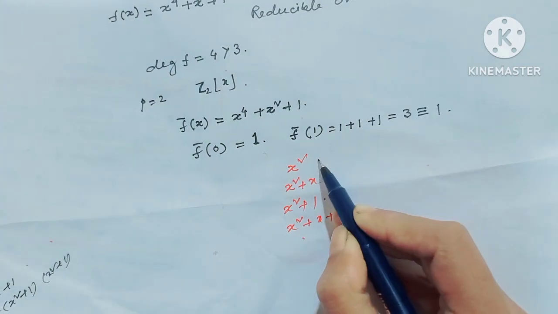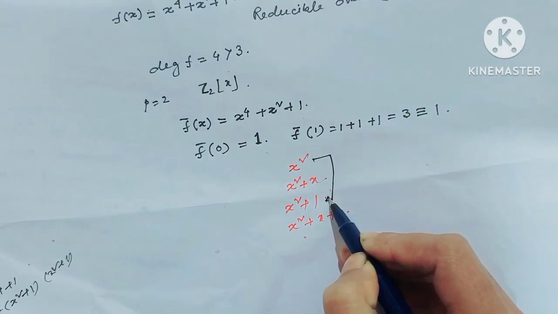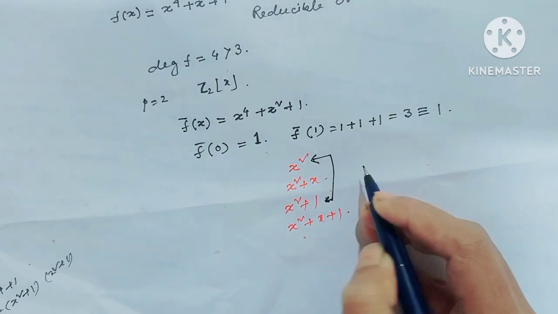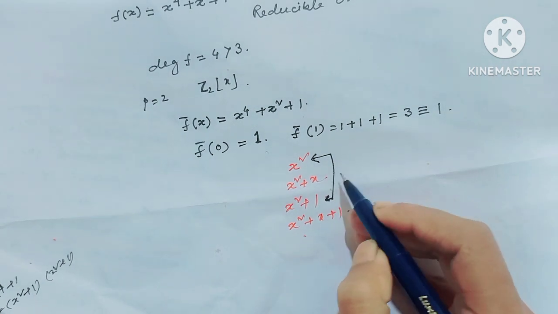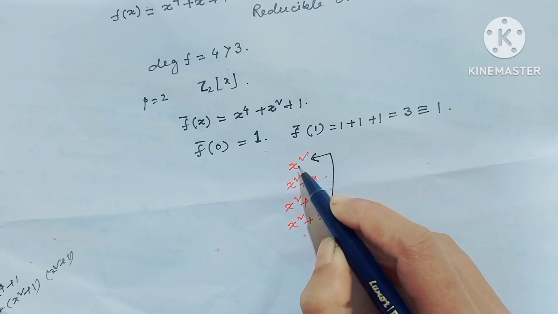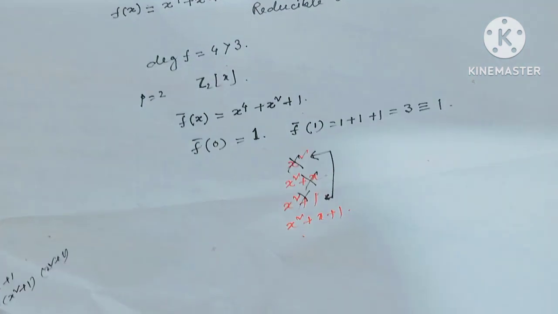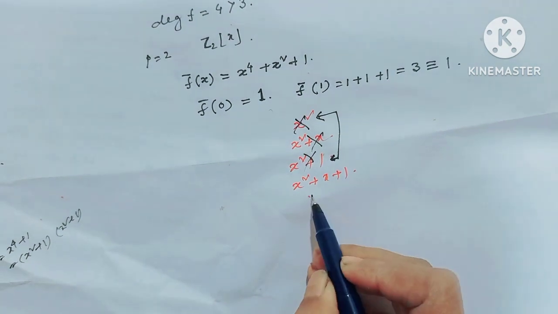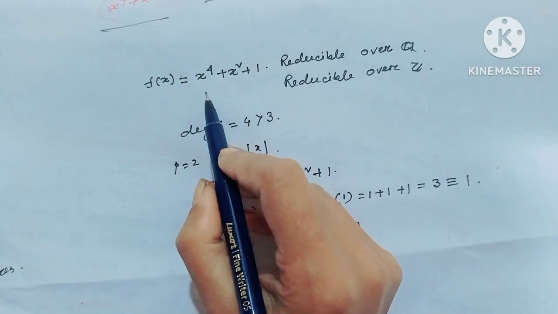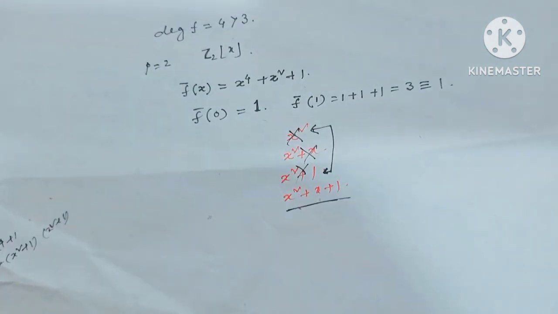But we cannot write it as a product of two irreducible polynomials using these, because in Z2[x] these polynomials have a root, so they are not irreducible, so cancel this part. Now can we write this polynomial as a product of these polynomials?